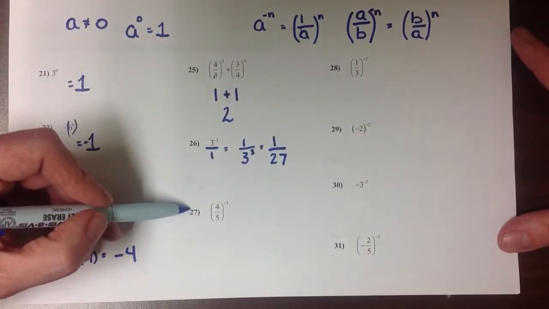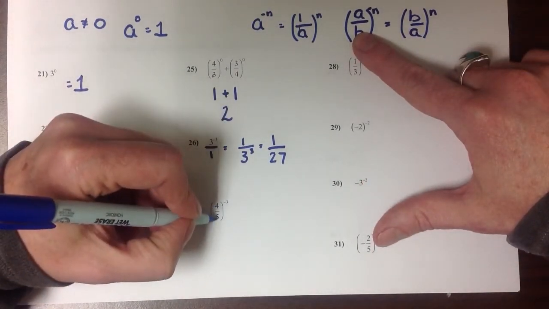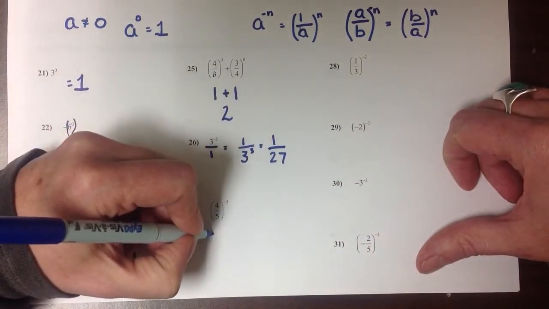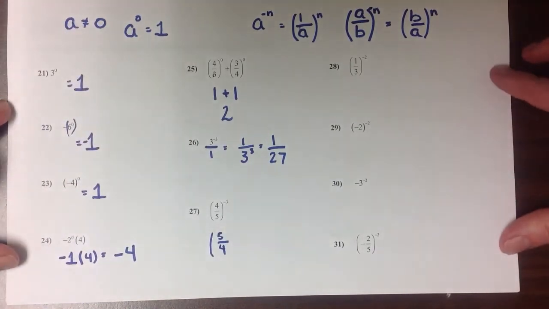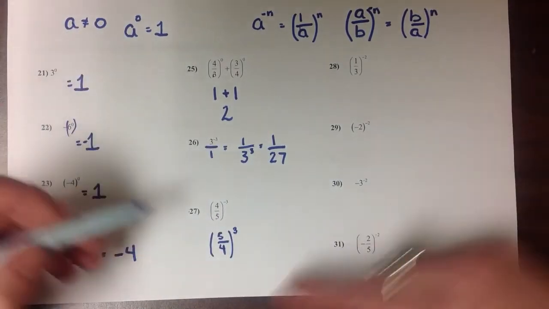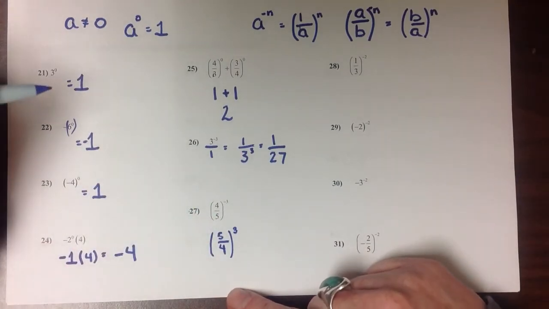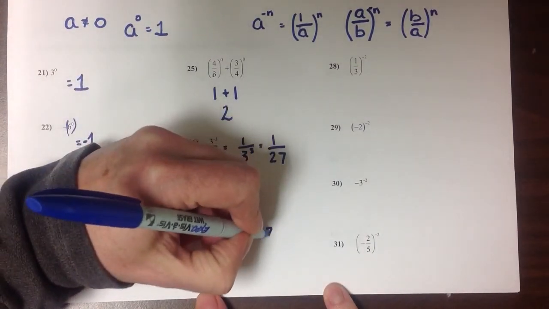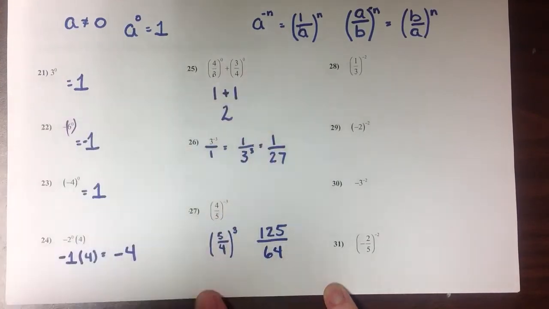Problem 27 looks more like our second example. We have 4/5 raised to the negative 3rd. So we're going to first rewrite that as 5/4 raised to the 3rd power, because those two changed places, so now that negative becomes a positive. And 5, when we cube it, is 125. 4 cubed is 64.